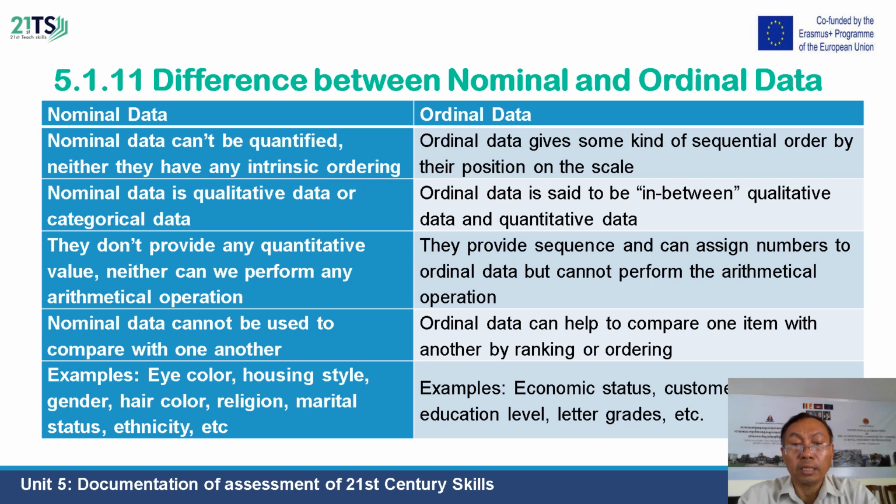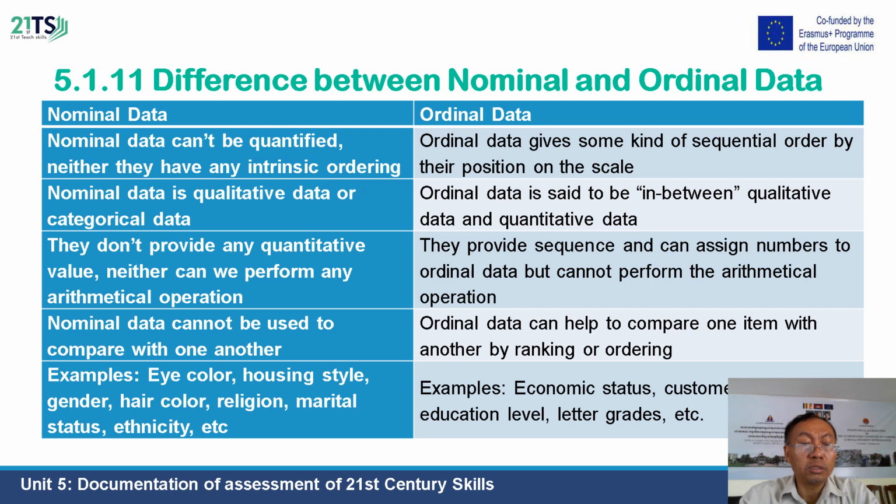Ordinal data gives some kind of sequential order by their position on the scale. Nominal data is qualitative or categorical data, whereas ordinal data is said to be in between qualitative data and quantitative data.